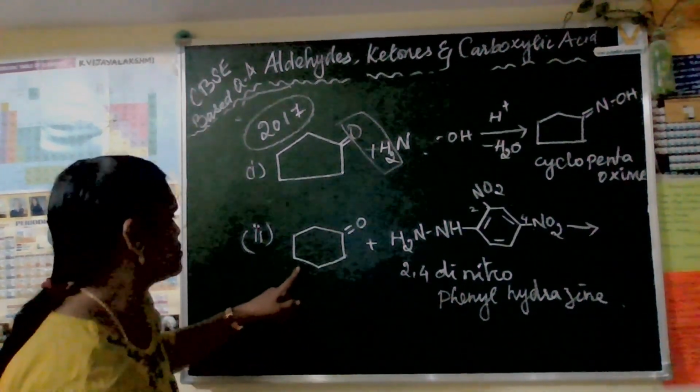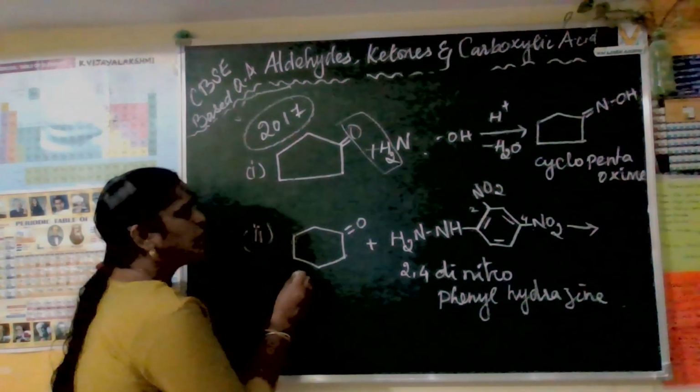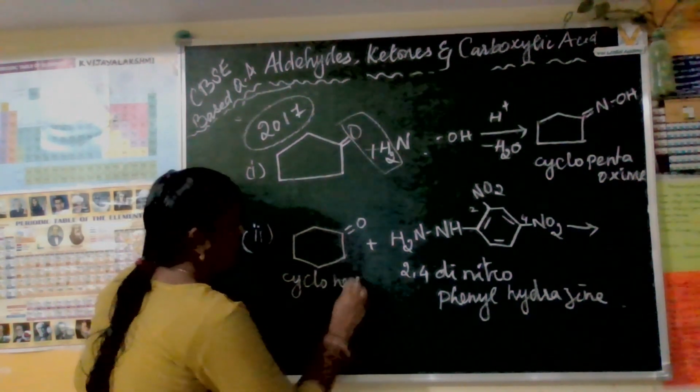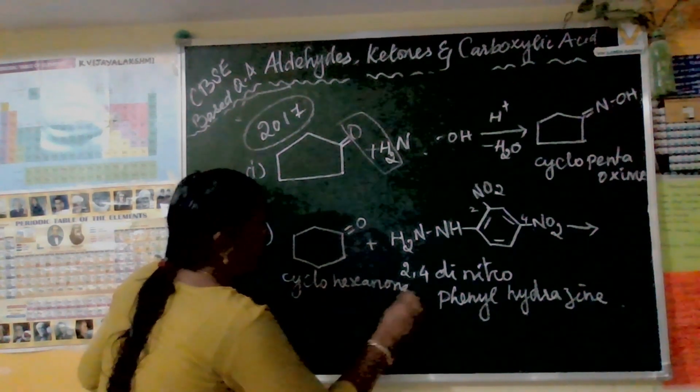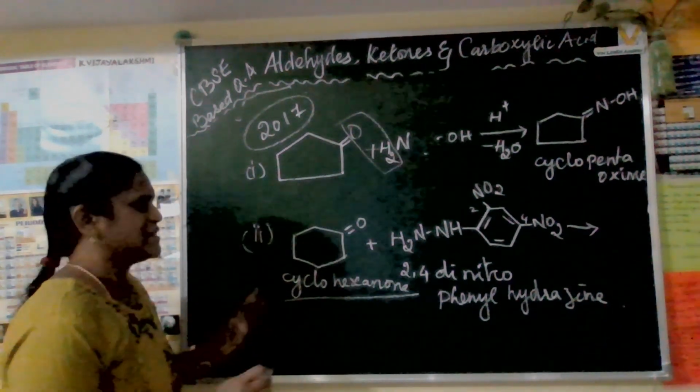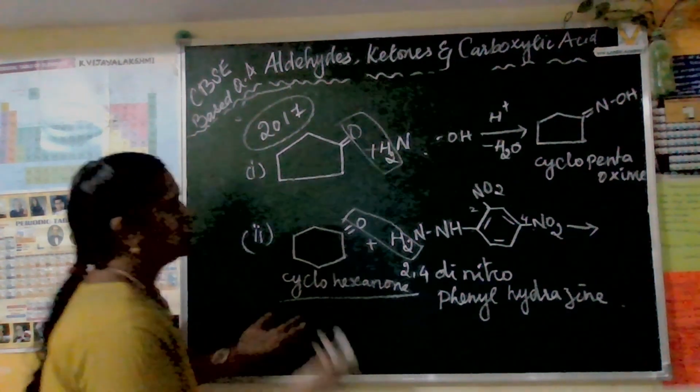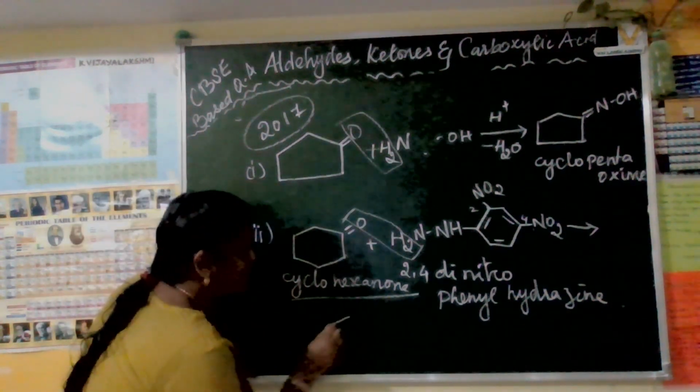First and foremost, this is cyclohexanone. Now what is the product? The same thing: water molecules are removed, then you attach the hydrazine. It's simple. You will get C double bond N, NH, the phenyl group attached with nitro groups, NO2 and NO2.